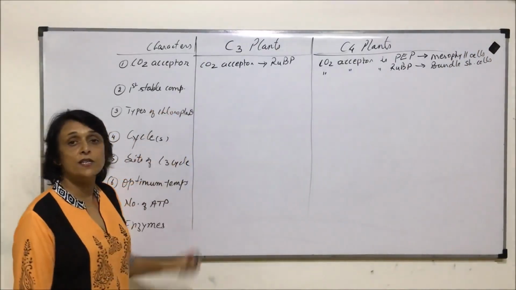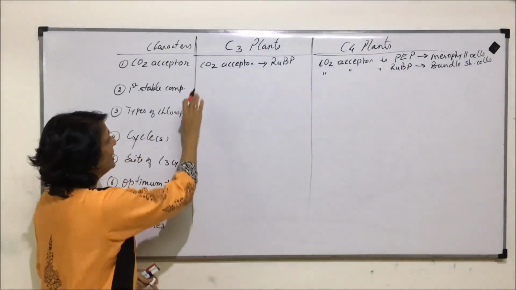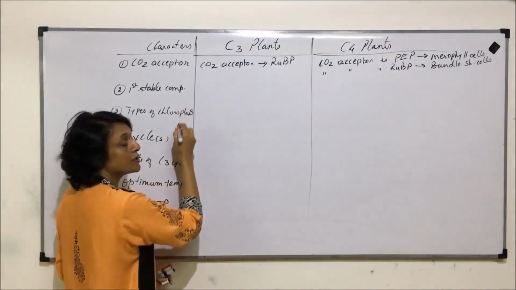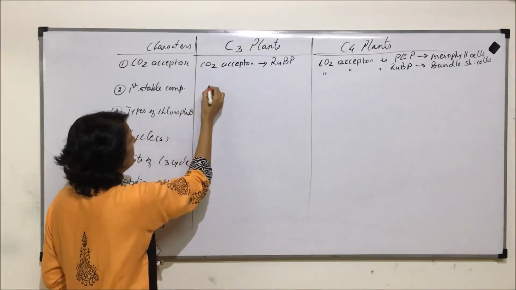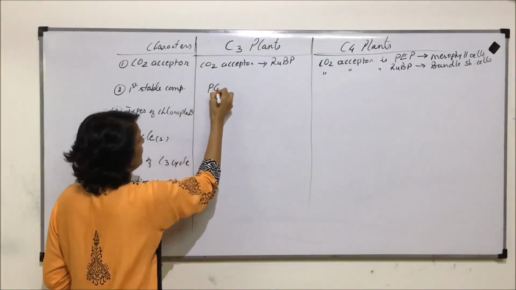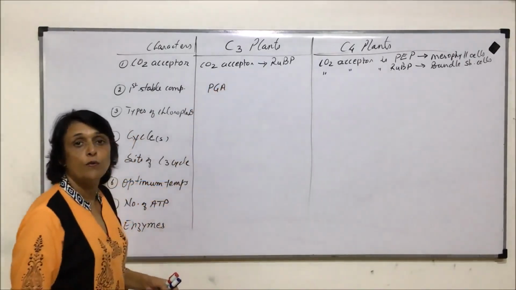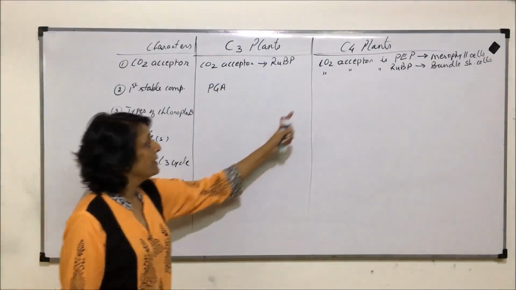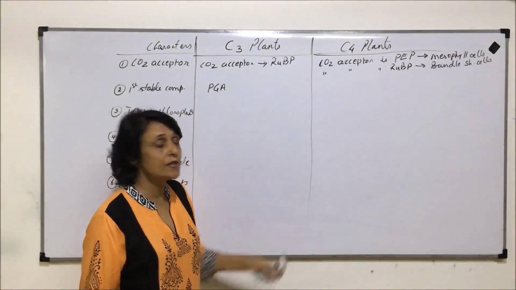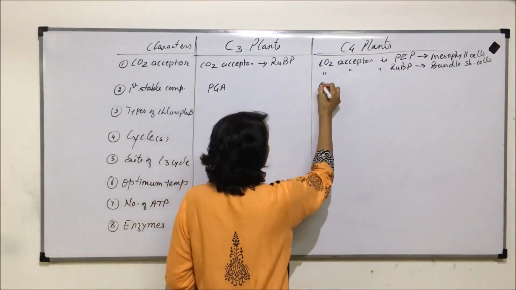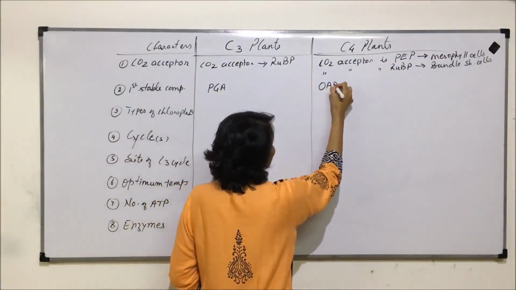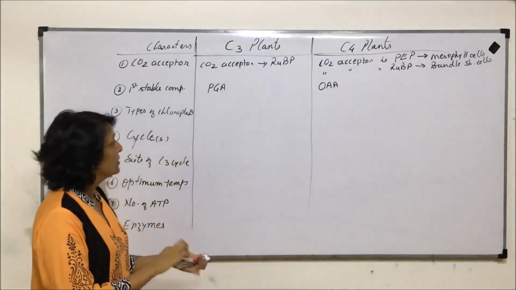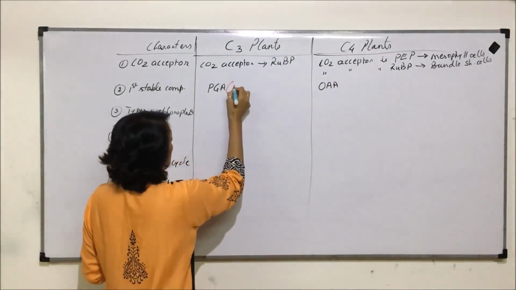Then the first stable compound. In C3 plants, the first stable compound which is formed is phosphoglycerate or phosphoglyceric acid. Whereas here, the first stable compound which is formed is oxaloacetic acid. So let us write down the full form.